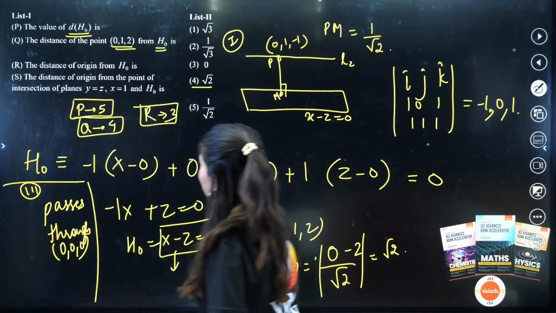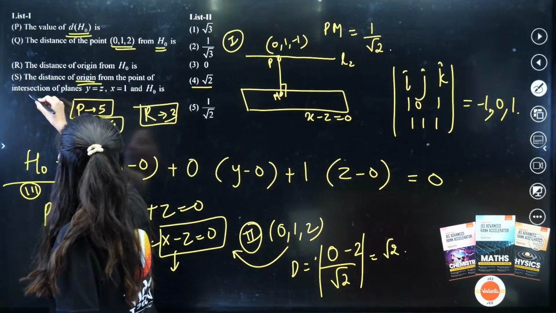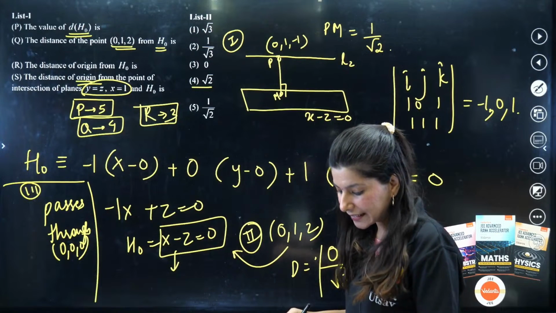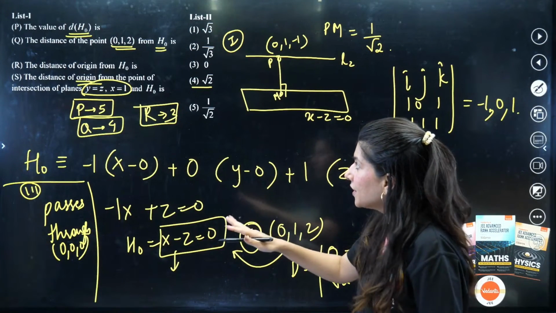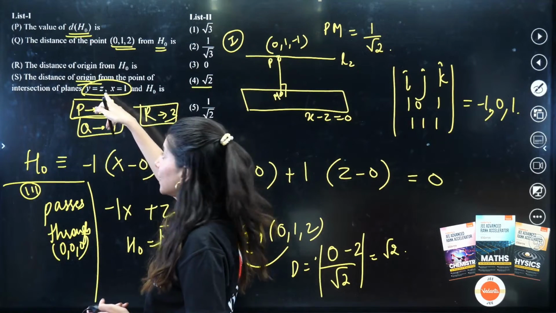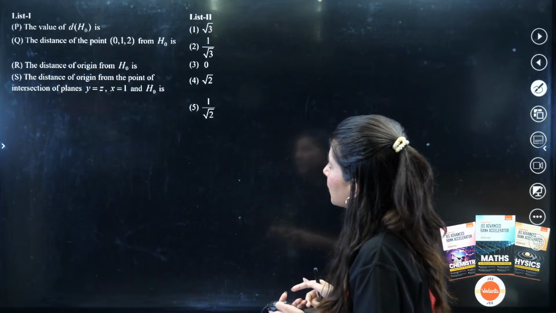And last but not the least, distance of origin from the point of intersection of this. So basically, distance of origin from some point which is satisfying this condition. So y is equals to z, x equals to 1, right?